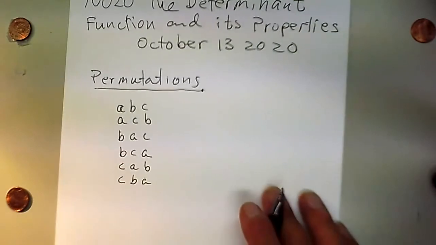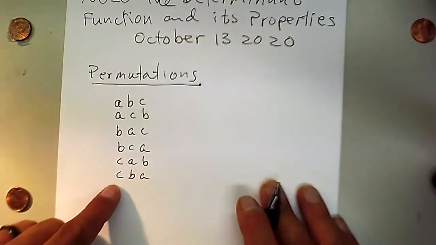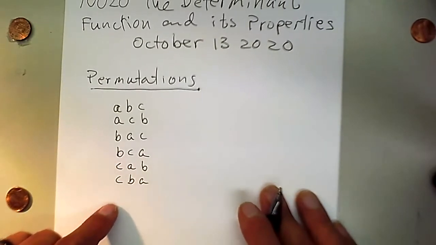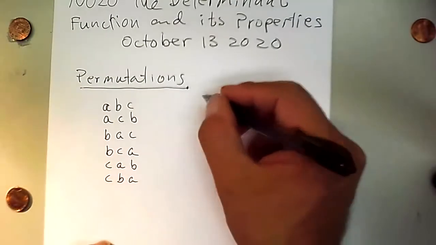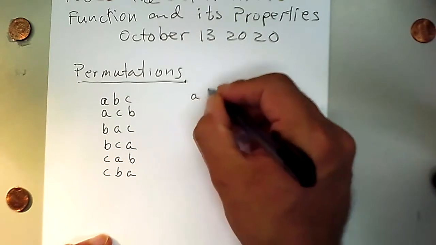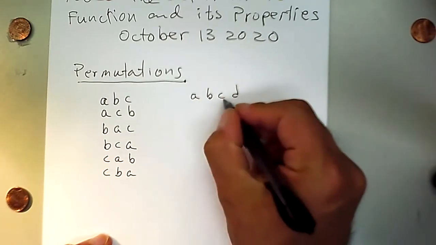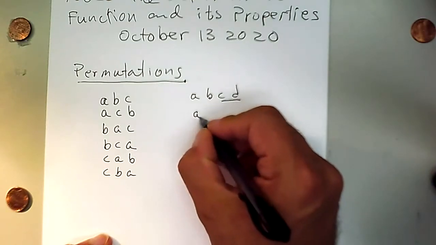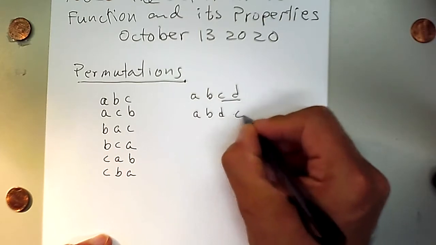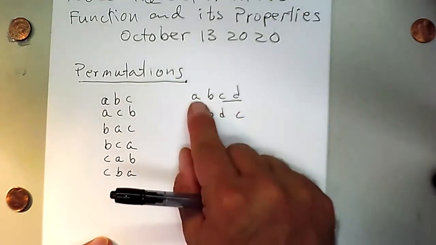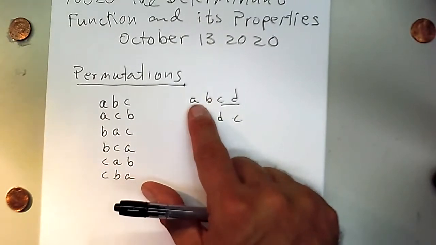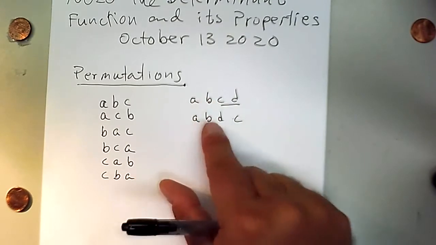So here is how I find all the permutations in a very systematic way. I'm going to show you how I do this. If you have four objects, A, B, C, D, the first thing I do is I just swap those two and keep that. So ABCD, ABDC. So AB on the first two spots is already done.